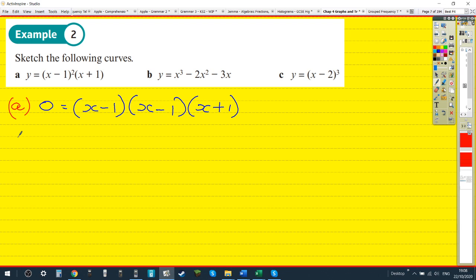The first ones would be x is 1, x is 1 again, and then x is minus 1. Then you'd multiply the minus 1 and the minus 1, which make 1, and then multiply by 1, which is 1. So the y-intercept is 1.